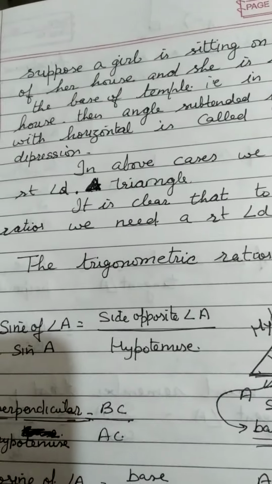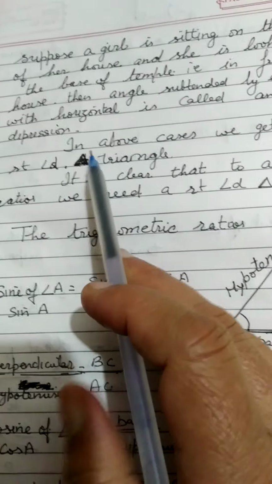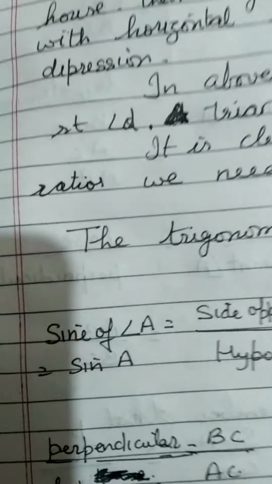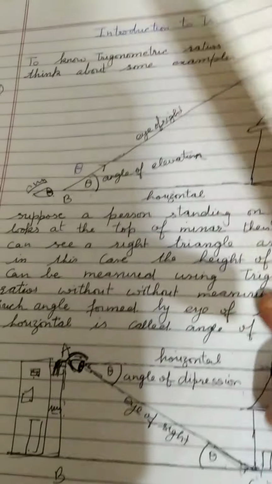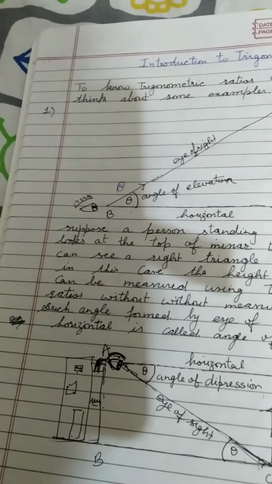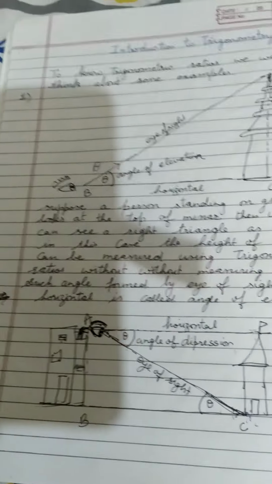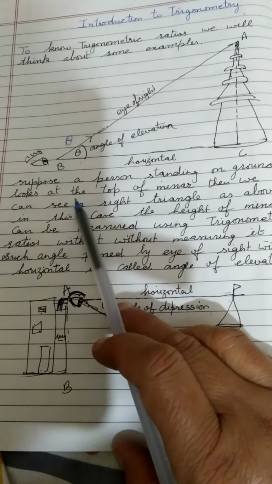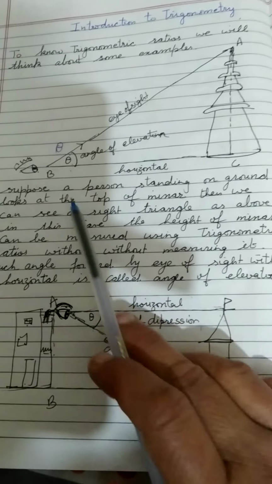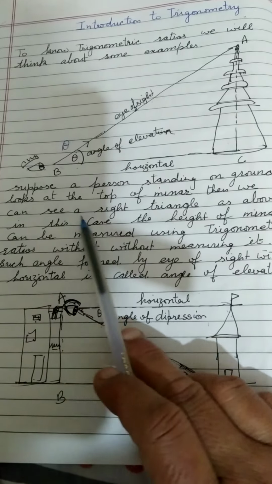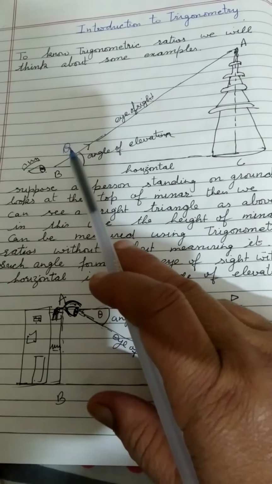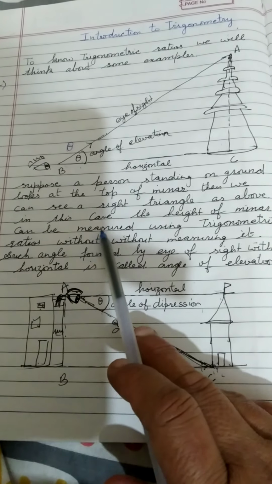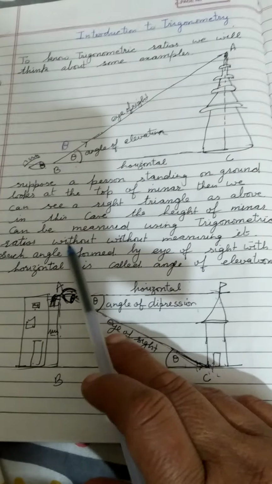Now, how are the trigonometric ratios written? Once again I am telling you all that I have told you in the examples. See here, suppose a person standing on the ground looks at the top of the minar, then we can see a right triangle as above.